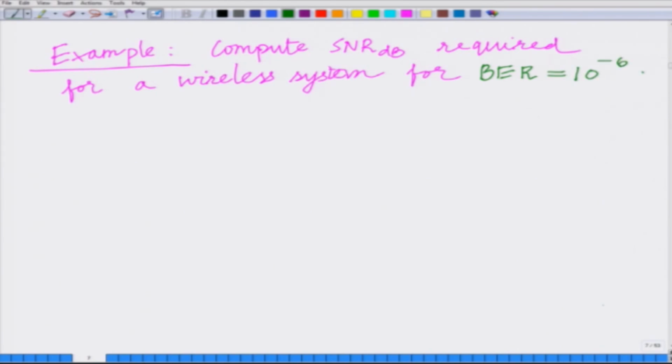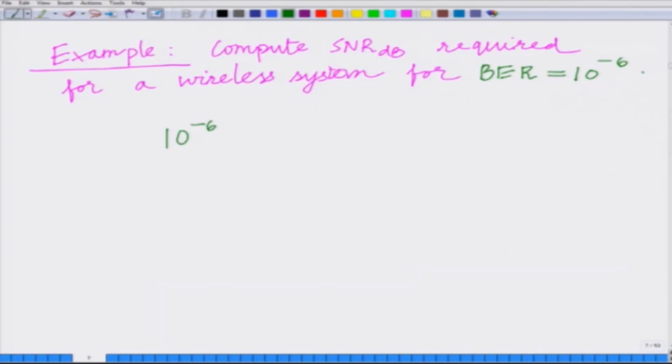That is, what is the SNR in dB in a wireless communication system required to achieve a bit error rate of 10 to the power of minus 6. So, this is the reverse problem. Previously we were given the SNR and asked to calculate the bit error rate. Now, we are given the bit error rate and asked to calculate the required SNR in dB.